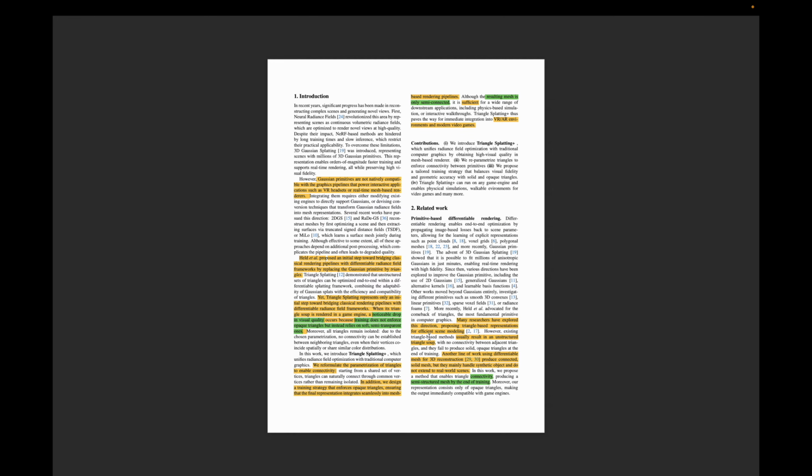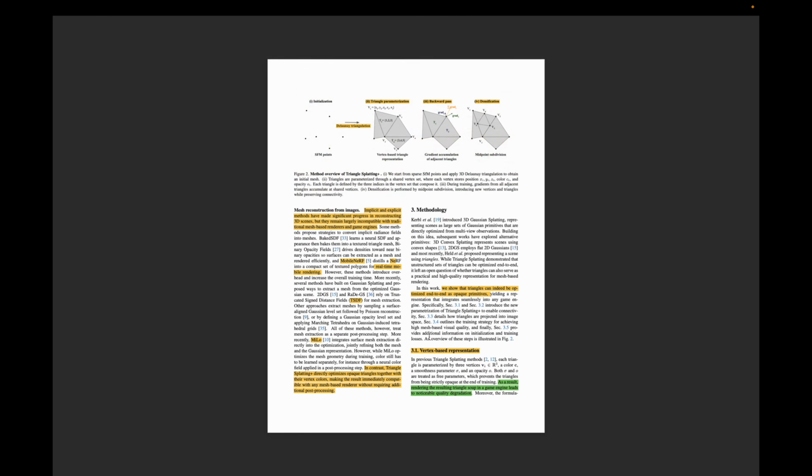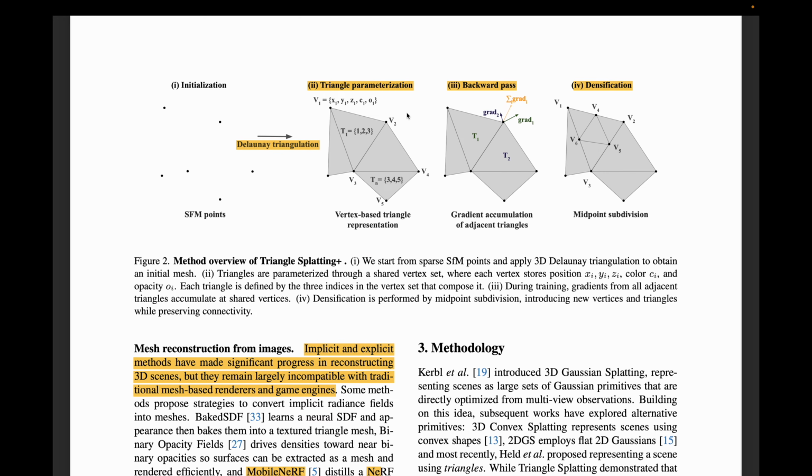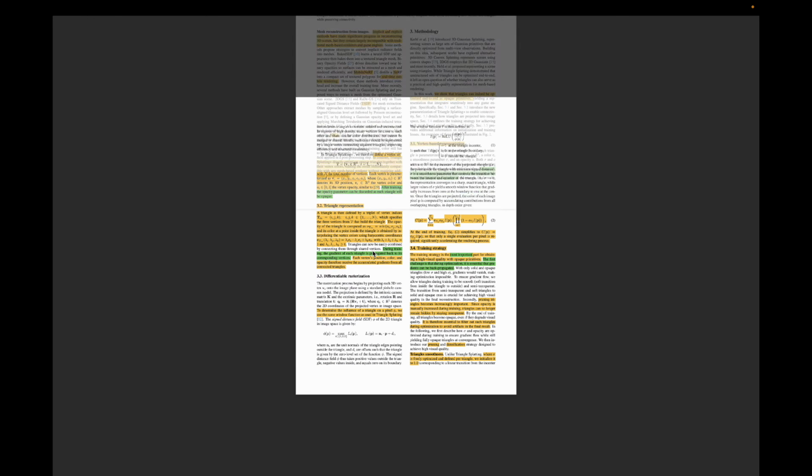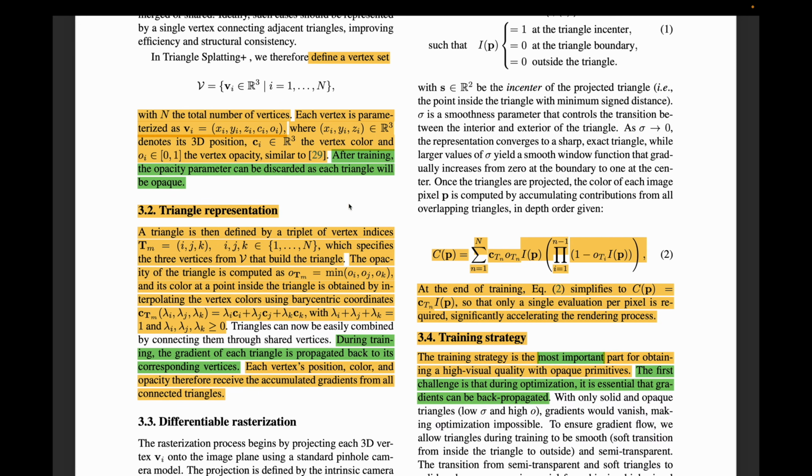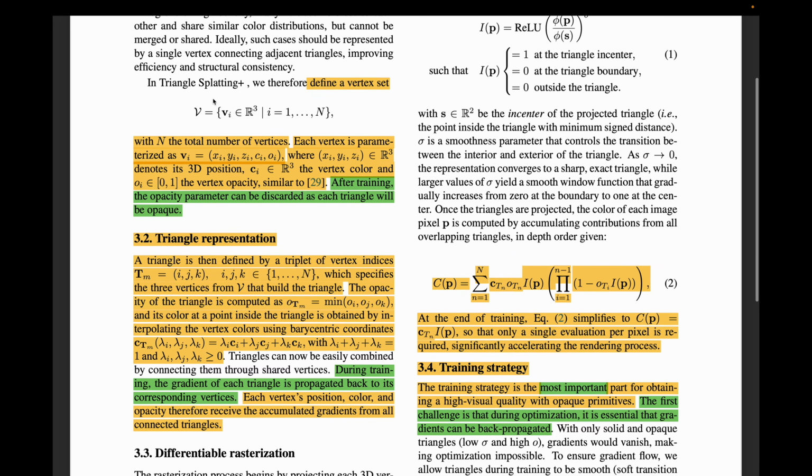Okay, so as I said, triangle splatting produces a set of unconnected triangles, while traditional graphics are used to work with meshes, so with connected triangles. So the first thing they do is modify the triangle splatting parameterization. Instead of modeling triangles individually, they model the vertices.